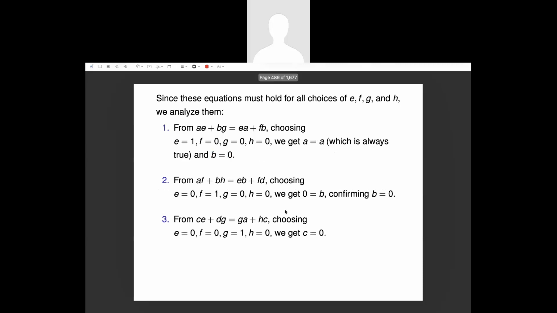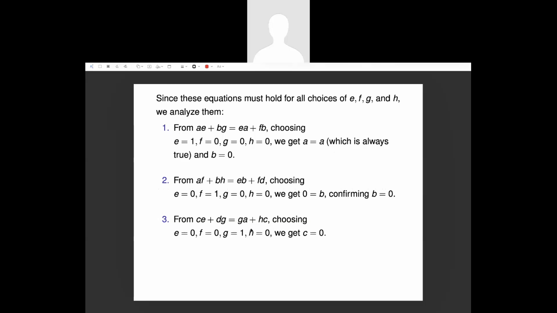For the third condition, e equal to 0, f equal to g equal to 1, and h equal to 0, we get c equal to 0.